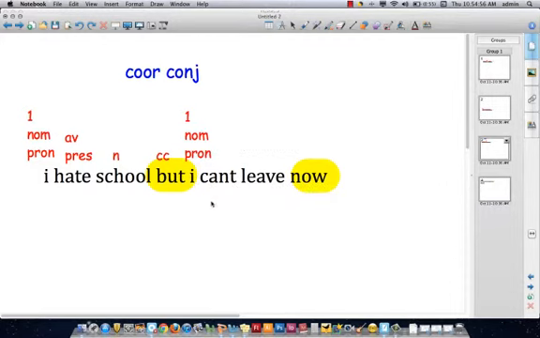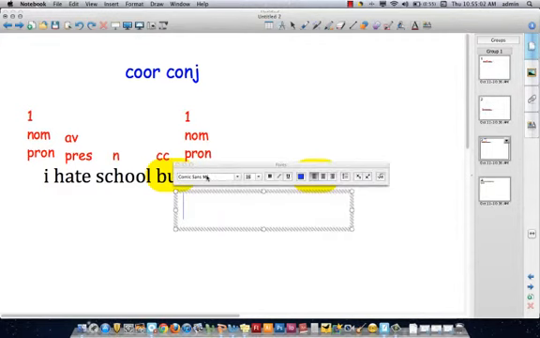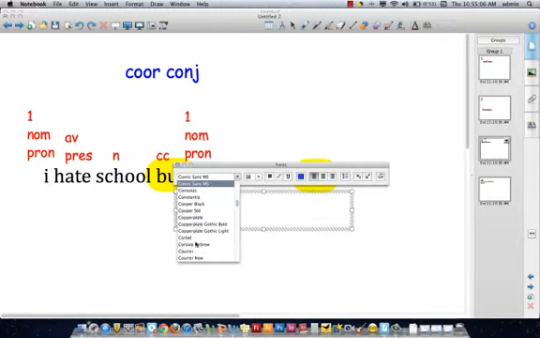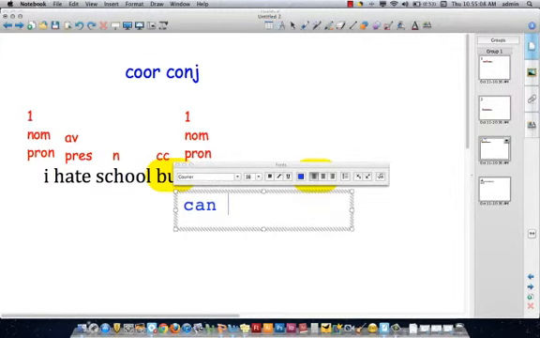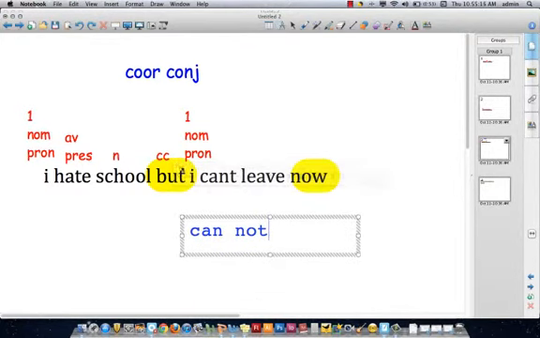Cannot was another one that sort of gave some people some issues. We know that, I'm just actually going to write down here. I don't know, what should I use? I'll just use courier. Can and then not. Remember that cannot, or can't, is split into can and not.